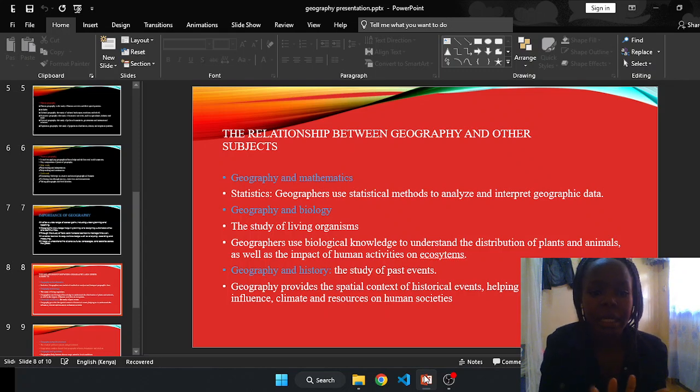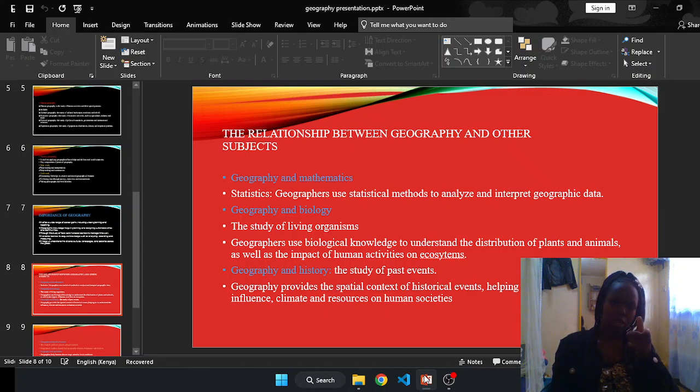Another relationship is between geography and biology. First of all, what is biology? Biology is the study of living organisms. It deals with living organisms. How is it useful to geography? Geographers use biological knowledge to understand the distribution of plants and animals, as well as the impact of human activities on ecosystems.